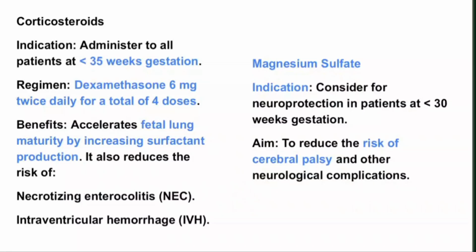So we also need to put patients on corticosteroids if they present at less than 35 weeks gestation. We put them on corticosteroids to accelerate fetal lung maturity by increasing surfactant production.